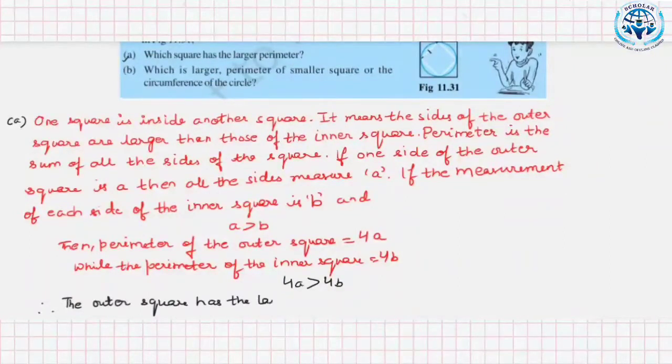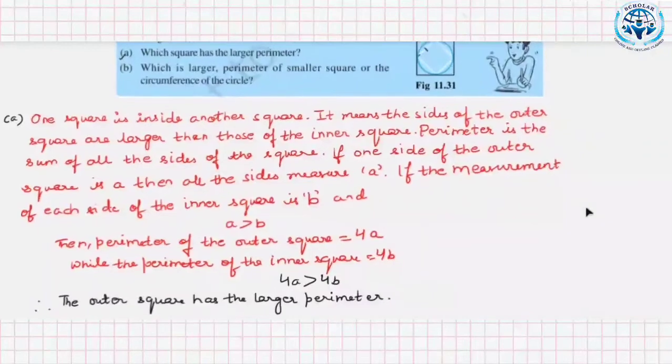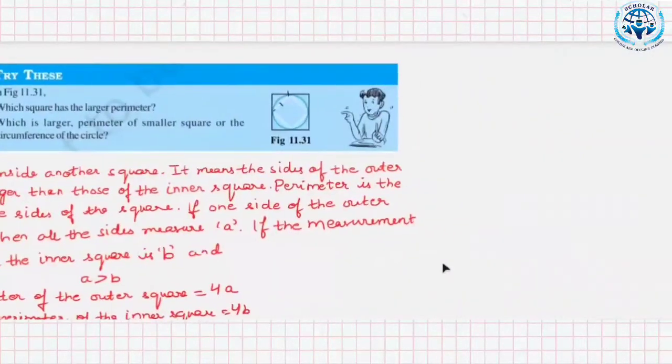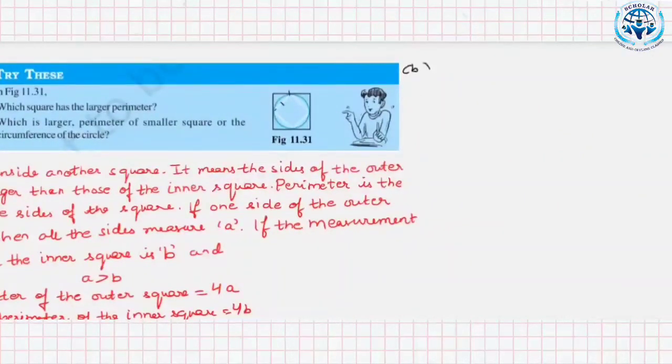You have to explain each and everything. You have to give reasons so that the examiner gets an idea that you have the knowledge. Now the second one, which is larger, the perimeter of the smaller square or the circumference of the circle. Now we have to compare the inner square, the smaller square, and the circle.